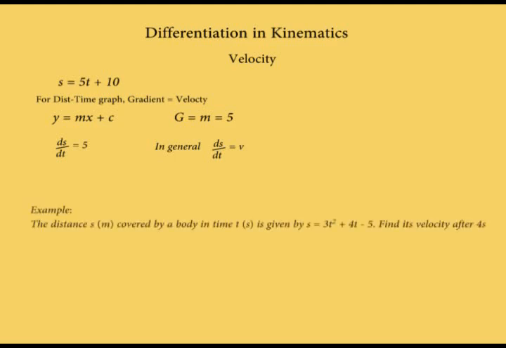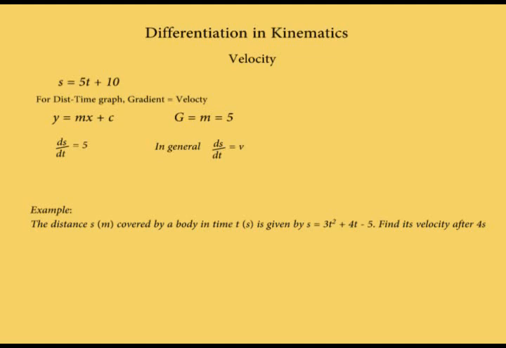For example, the distance s covered by a body in time t seconds is given by s is equal to 3t squared plus 4t minus 5. Find the velocity of the body after 4 seconds. We obtain the velocity function by differentiating the distance function.